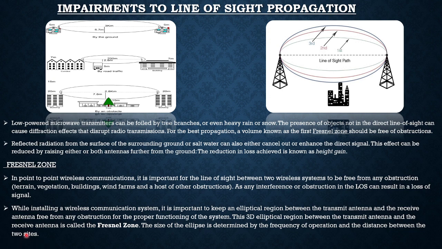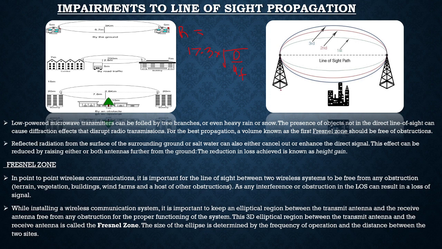Now I'll show you the formula to calculate the radius of this ellipse. The radius is given by 17.3 into under root d by 4f.